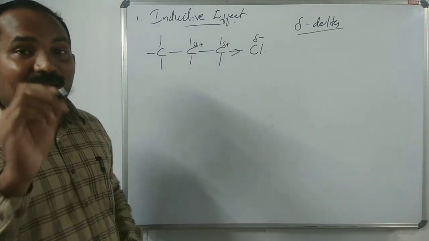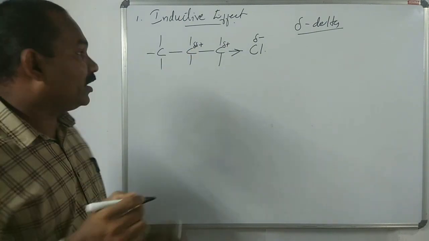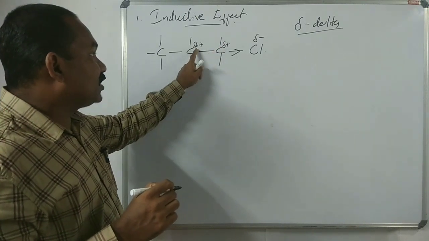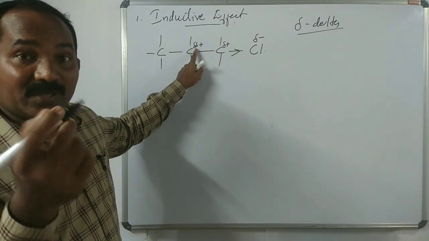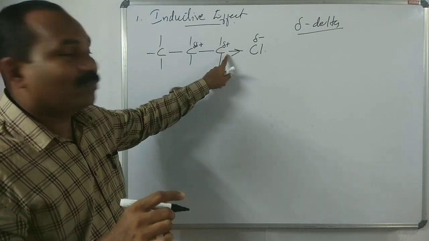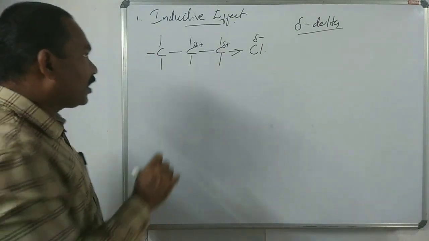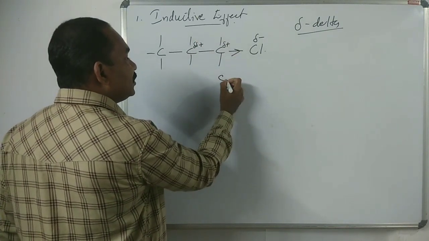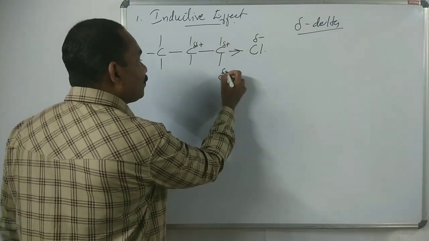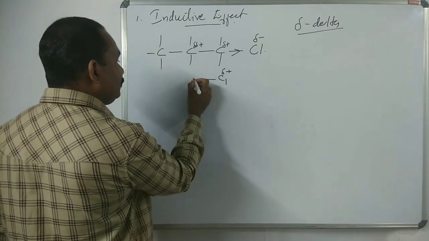Here is delta positive. That means the positive charge developed is smaller than that of the positive charge developed on the first carbon atom.